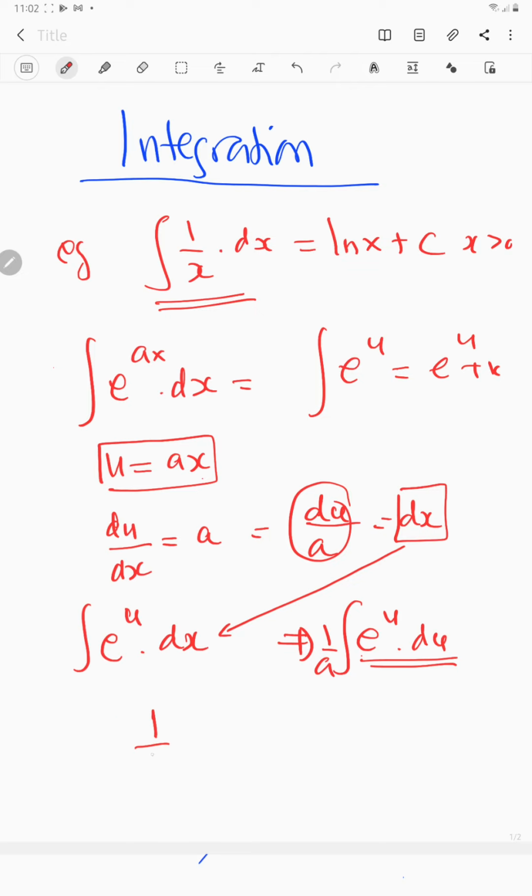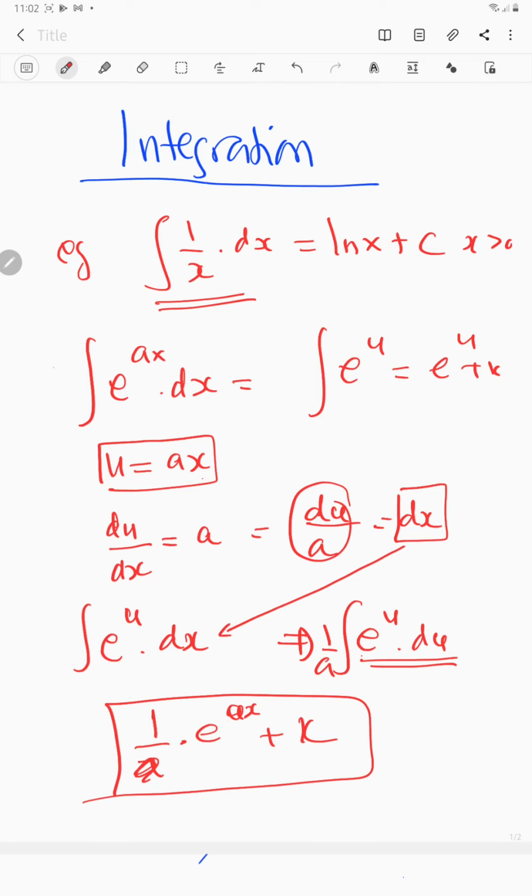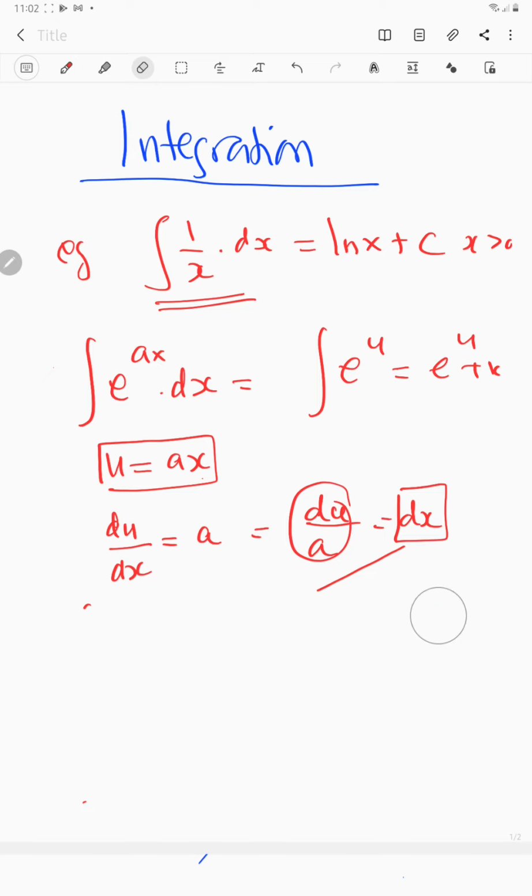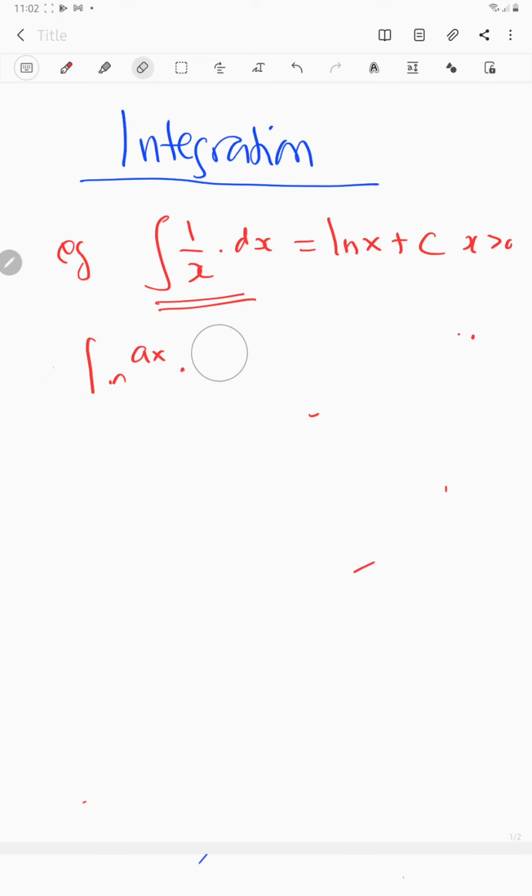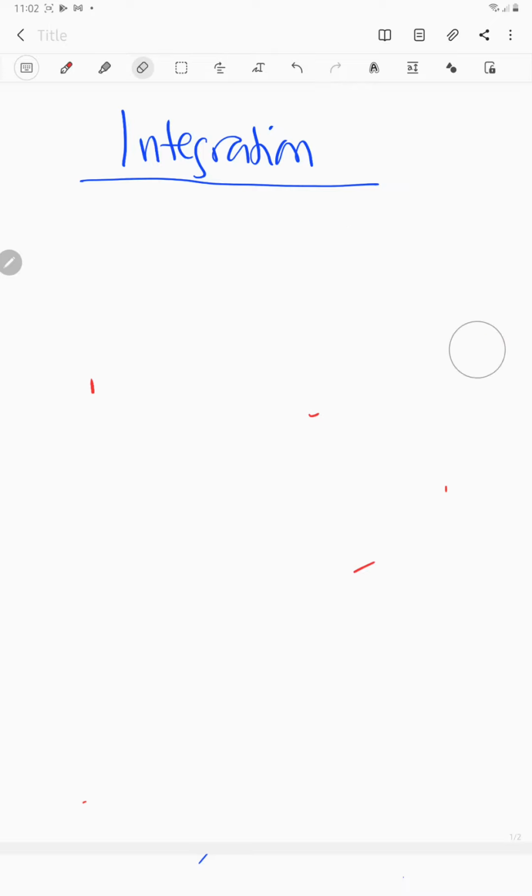It is going to be equal to 1 over a multiplied by e to the power u, which is e to the power ax plus k. So this is the value for that particular statement. You make sure that a again is not equal to 0, because you should avoid dividing by 0. So that's the way we can look at the integral mathematics from that particular point.